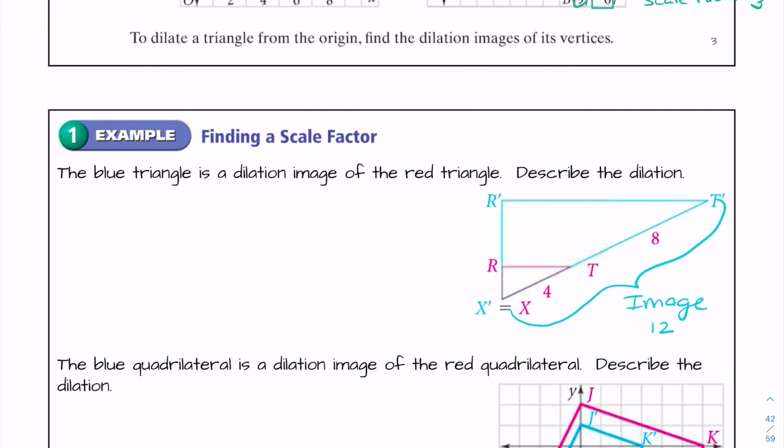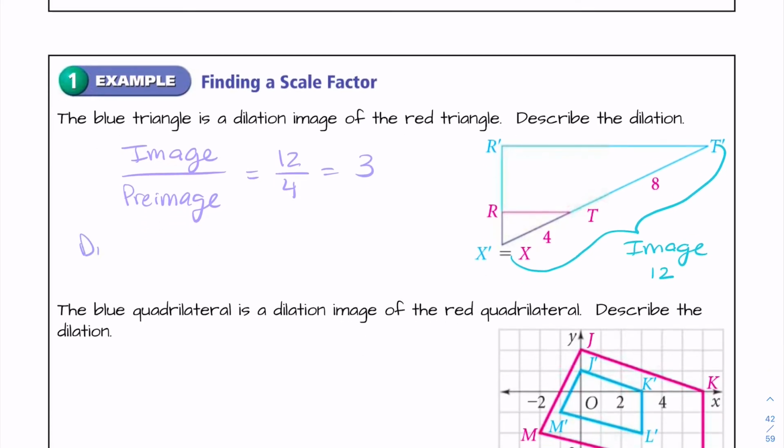So we're going to do image over pre-image, which is going to be equal to 12 over 4, which is 3. So it has a dilation with scale factor 3.